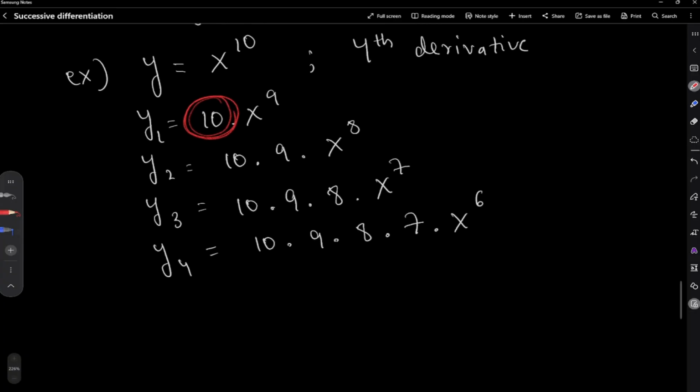And 7 right over here is our ending point, because the fourth derivative gives us the ending point as 7. So now we have a start point, I'll write this as start, and now we have an end point.